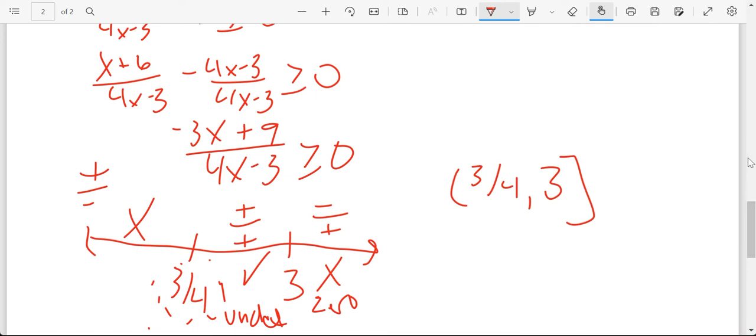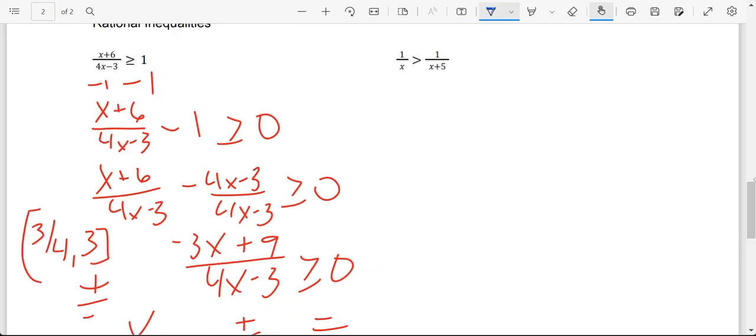So, yeah. I'm going to move this over a little bit, though, so I have space for my other problem. And as promised, let's move that 1 over x plus 5 over. We're going to get 1 over x minus 1 over x plus 5 is greater than 0.